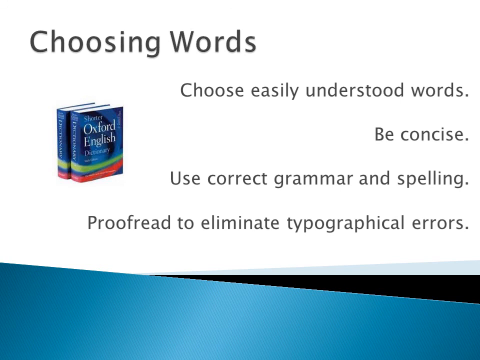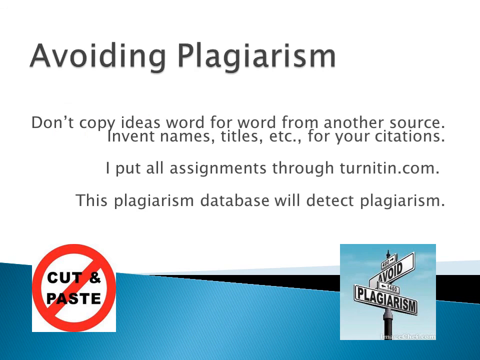And then choosing words. In this class, we don't want you to run to a dictionary. Be concise, be grammatical, and proofread. You will avoid matching words, okay? You're going to invent the details for those citations. It can be Mickey Mouse, it can be your favorite television sitcom characters, whatever you want.